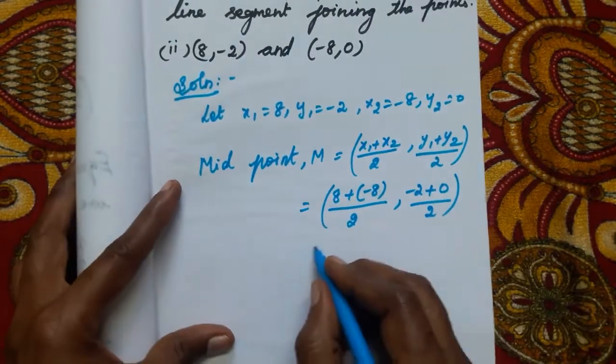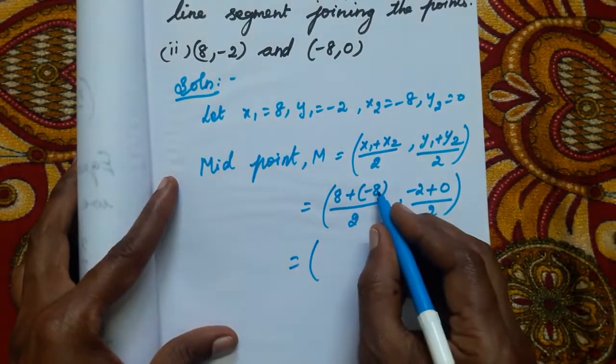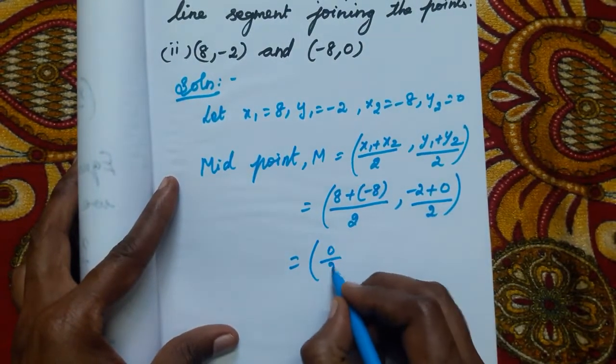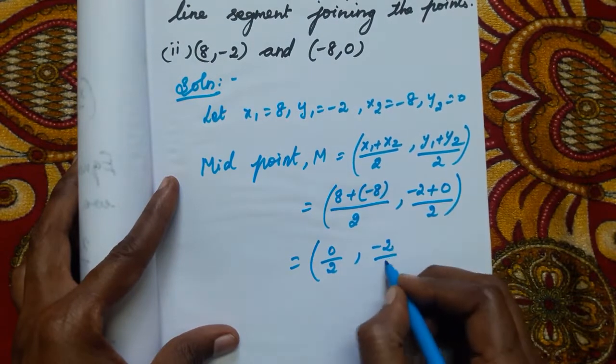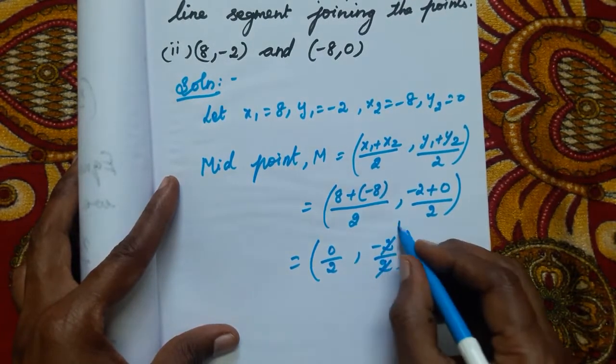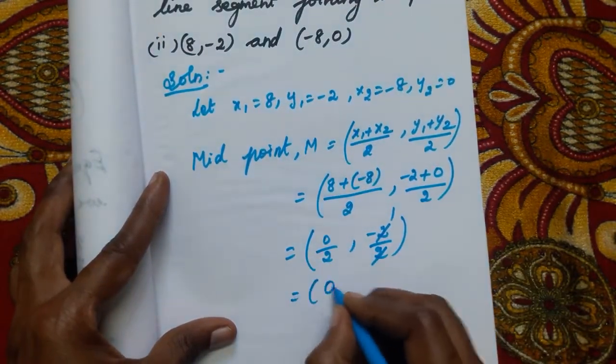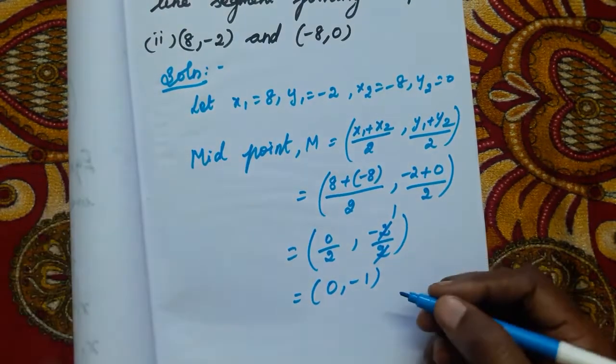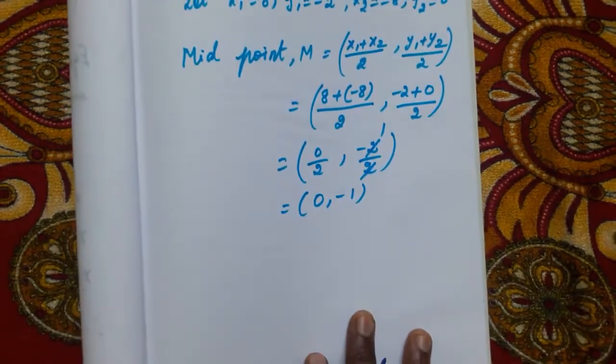It's equal to 8 minus 8 is 0 by 2, minus 2 by 2. Here 1. So, it's equal to 0, minus 1. Midpoint M is equal to 0, minus 1.